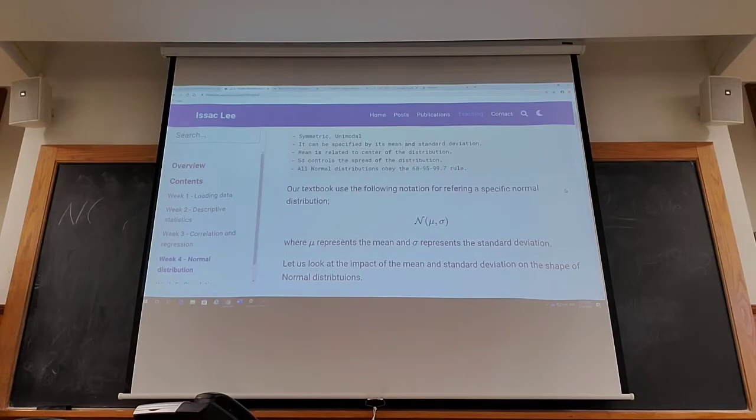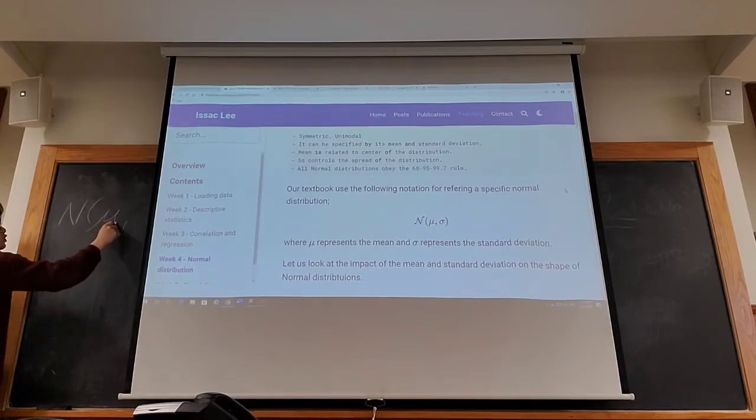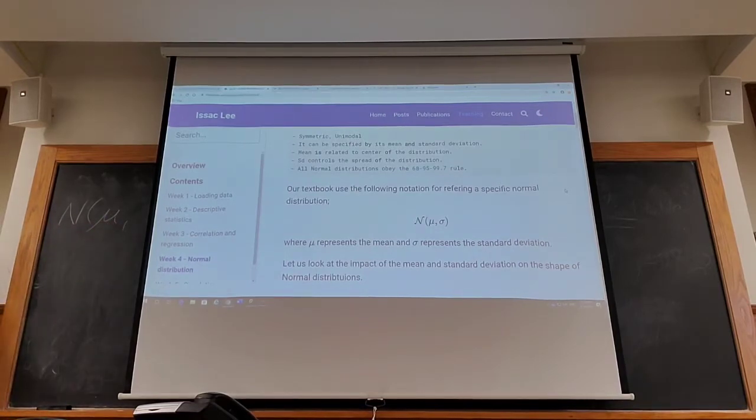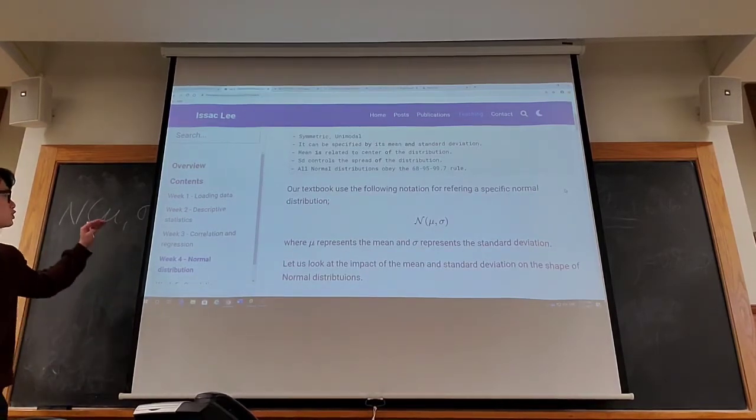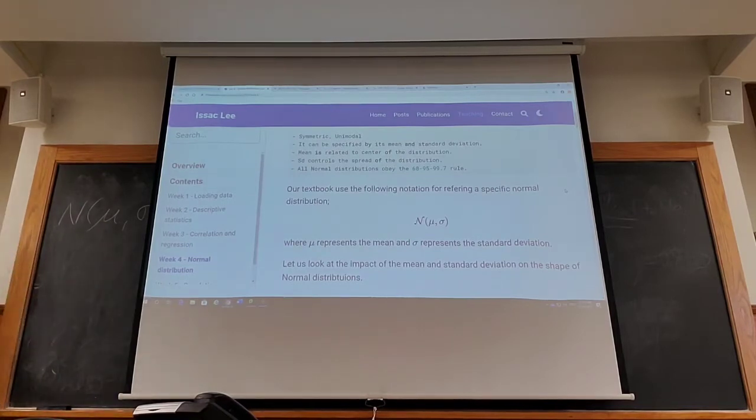In the first blank in that parenthesis, we use mu to represent the mean of the distribution, and we use sigma to represent the standard deviation of the normal distribution. So we're going to use this notation to refer to specific normal distributions. So let's say I want to work on normal 0, 1. That means I'm thinking about the normal distribution whose mean is 0 and standard deviation is 1.